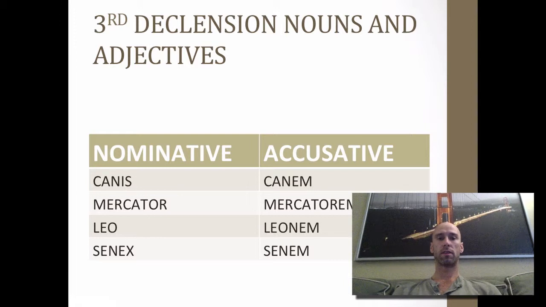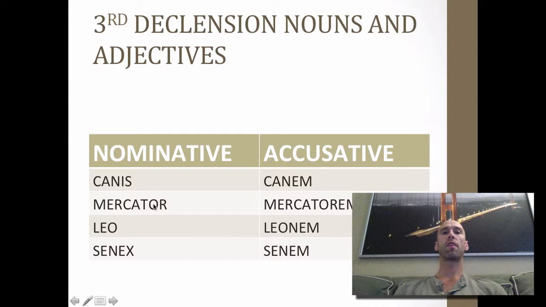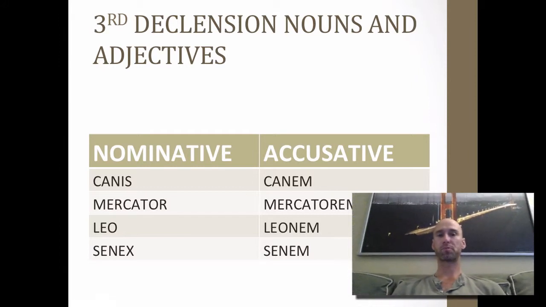Canis ends in is. Mercator ends in r. Leo, which means lion, ends in o. And senex, which means old man, ends in x. So if it ends in is, r, o, or x, it's in the nominative third declension.